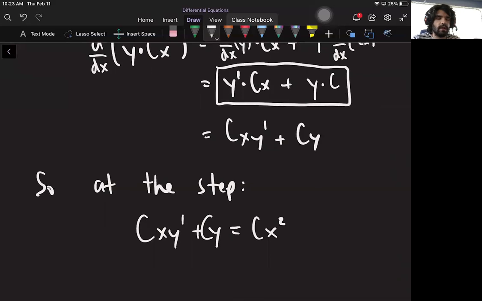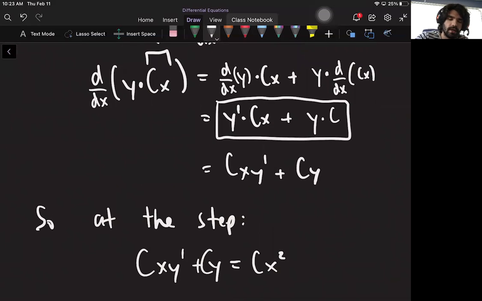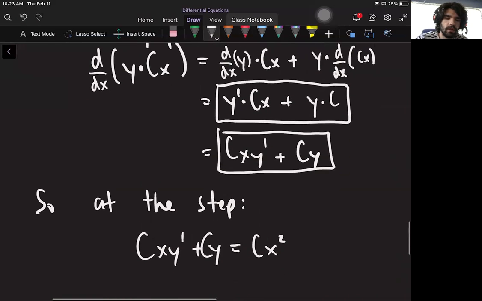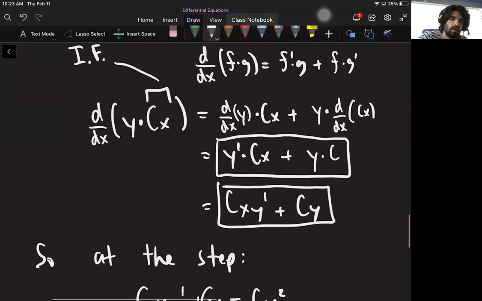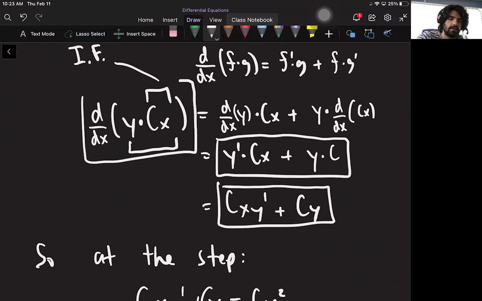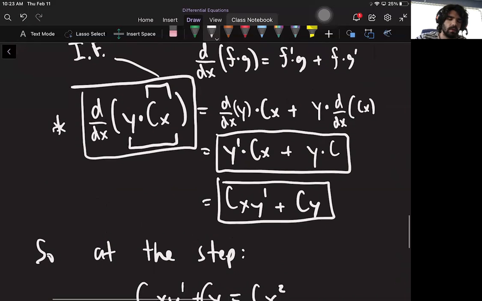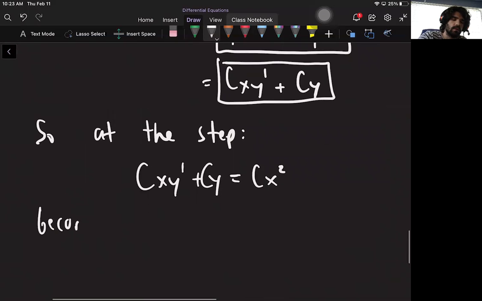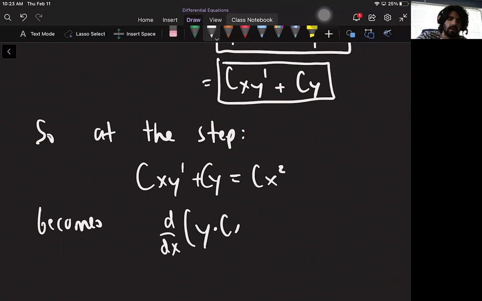And what I'm claiming is that this left side is actually the result of doing the derivative of y times cx. So I'm just going to replace the left side with this thing. So the left side is actually just the derivative of y times cx.